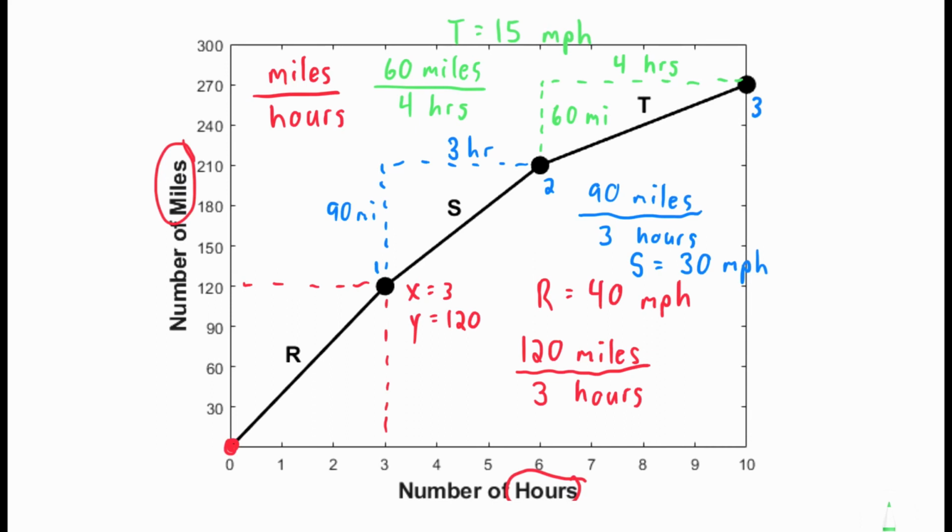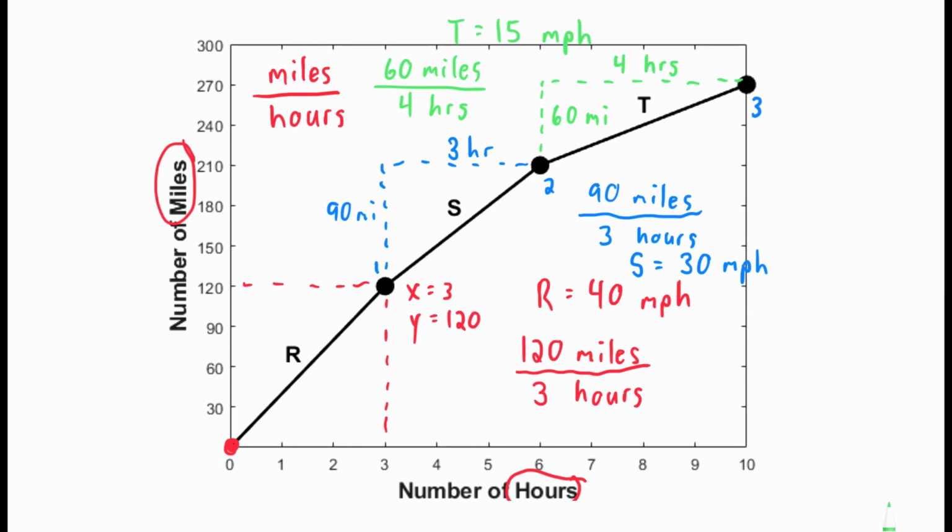If we go back to the first question, which was which part of the graph, R, S, or T, represents the hours when the car moved the slowest, we would compare the slope of R to the slope of S to the slope of T. So R is 40 miles per hour, S is 30 miles per hour, and T is 15 miles per hour. So the answer to part A is T, 15 miles per hour, is the slowest part.